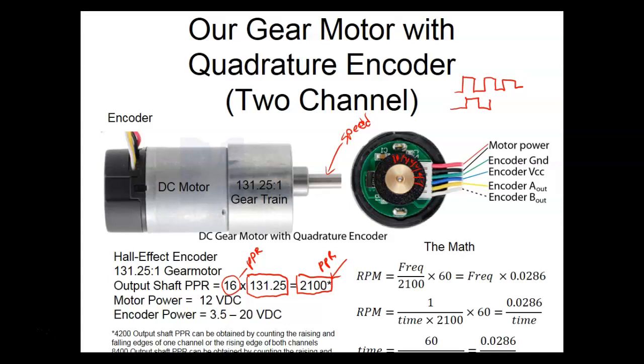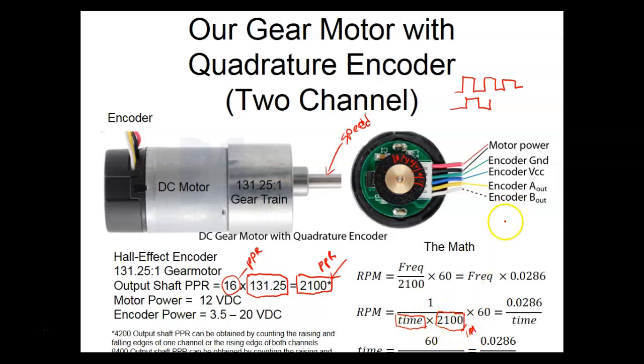So what we do is we know time. First of all, that would be 2,100 pulses per revolution. All we're going to do is measure the time for one of them. To get the time per revolution, we take the time and multiply it by the number of pulses we get per revolution. But this is still going to be time, and what I want is frequency.